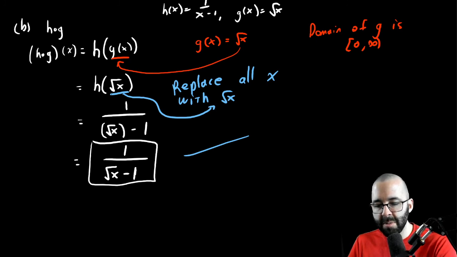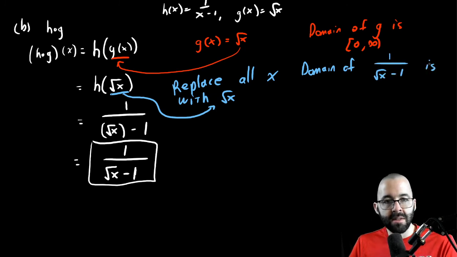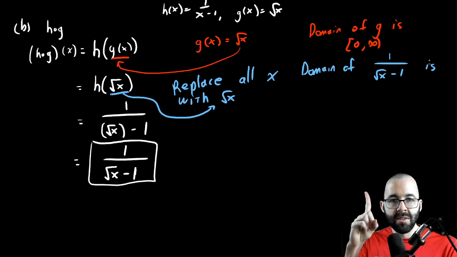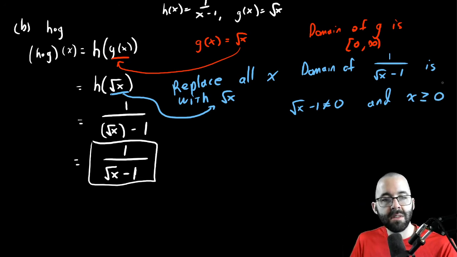Well, there's two things happening here, right? The domain of this function: the denominator can't be 0. Right? Any fraction, we have a requirement that the denominator can't equal 0. And the inside of a square root has to be nonnegative.